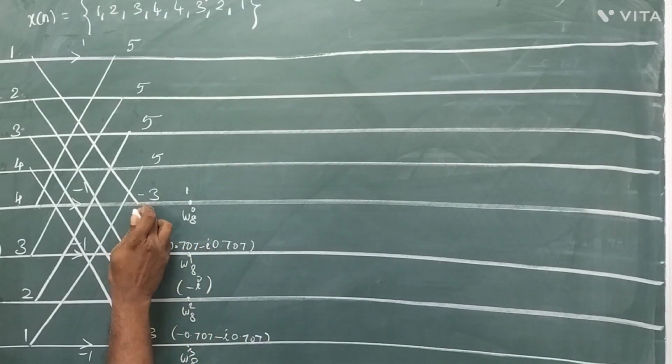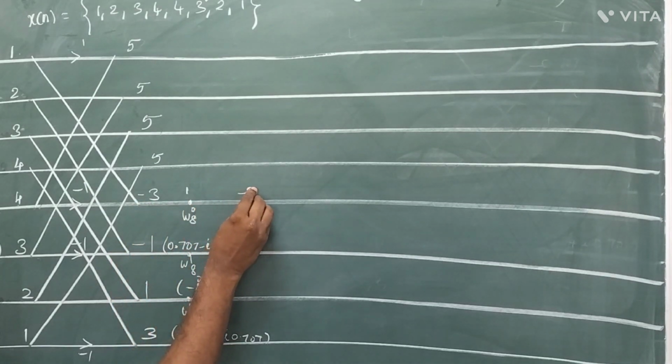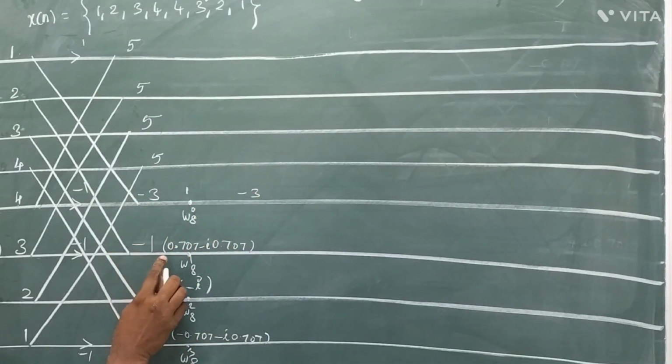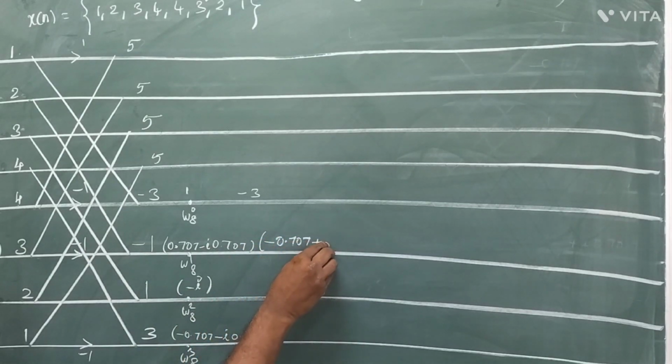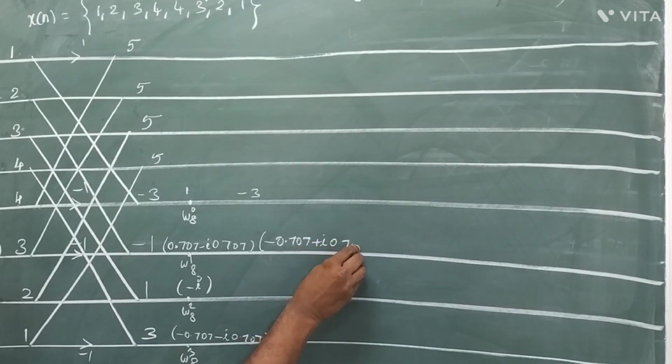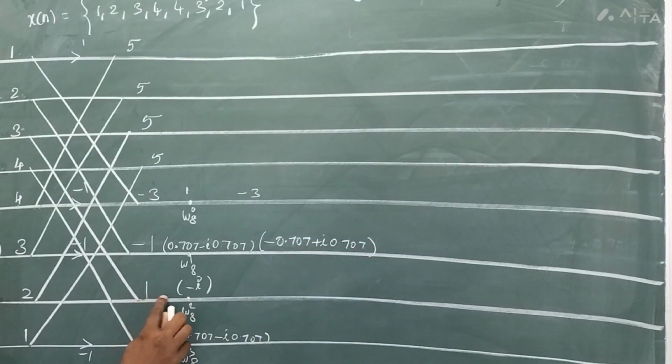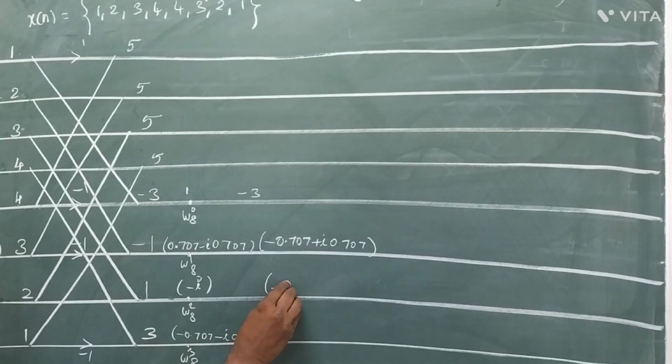We just multiply: minus 3 into 1 is minus 3, then minus 1 into this is minus 0.707 plus j 0.707, and then 1 into minus j is minus j.